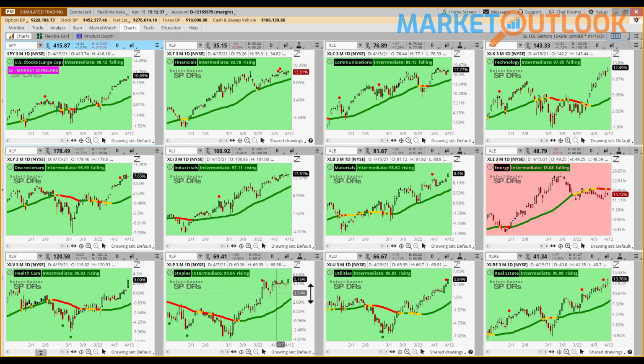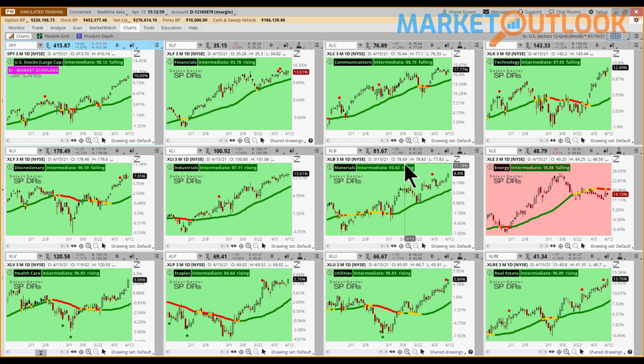You can also see that we had a very strong day out of utilities, which were also up over 1% today. Real estate was up nearly 2% today, and technology was up 1.7% today. Those areas do get a bit of a positive boost when interest rates fall, and that is what we saw here today.